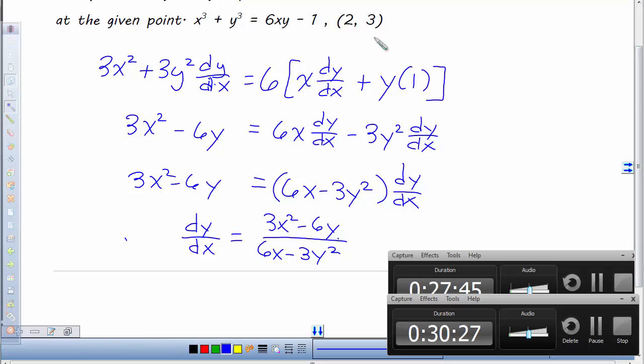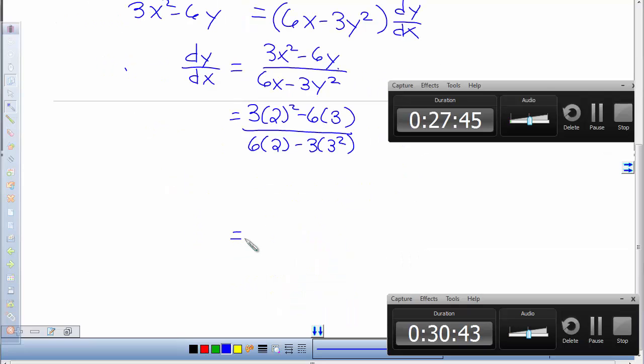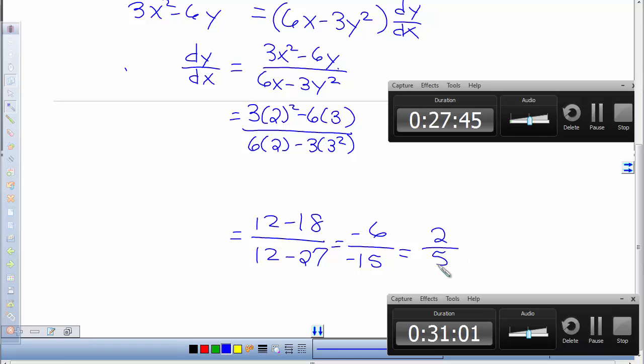So we get 3 times 2 squared minus 6 times 3 over 6 times 2 minus 3 times 3 squared. Okay, we get 12 minus 18 over 12 minus 27, or negative 6 over negative 15. And we get what? 2/5, if I did that right. Factored out 3. 2/5.